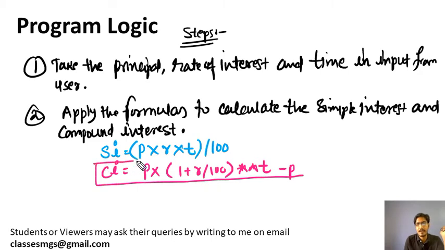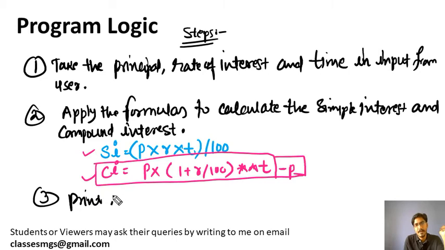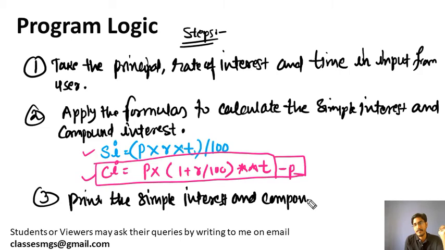This is the actual formula, where I am deducting so that you get the actual compound interest. This is the simple interest. And at the last we will print the simple interest and compound interest. So these are the simple steps to calculate simple interest and compound interest. Now in the next slide I will write the Python program.